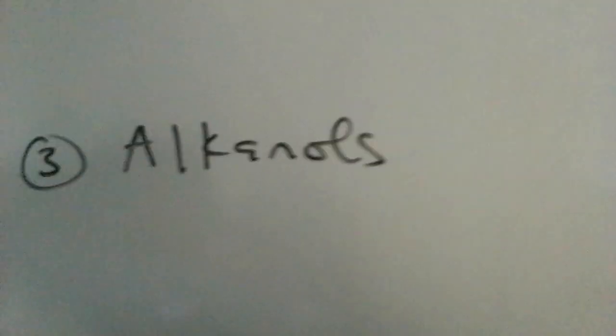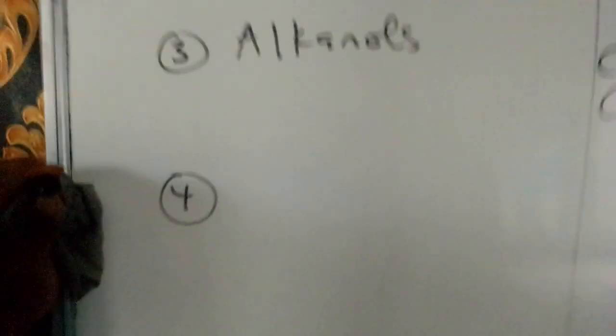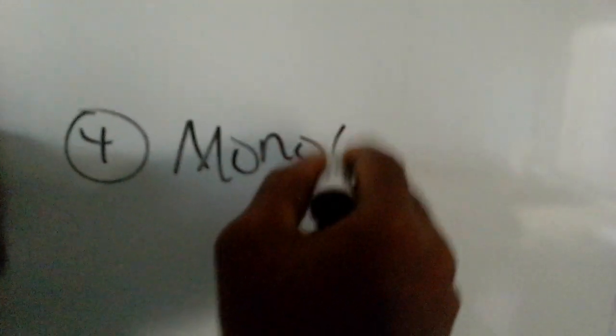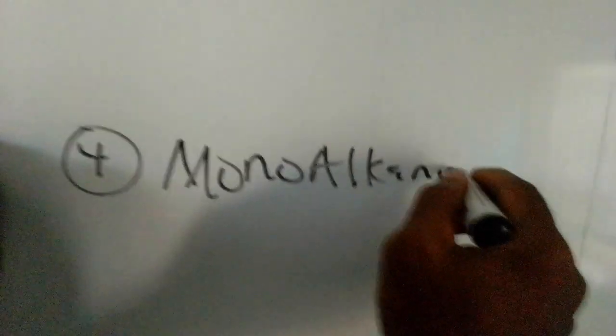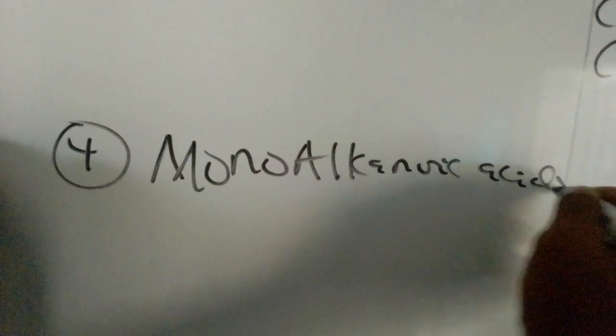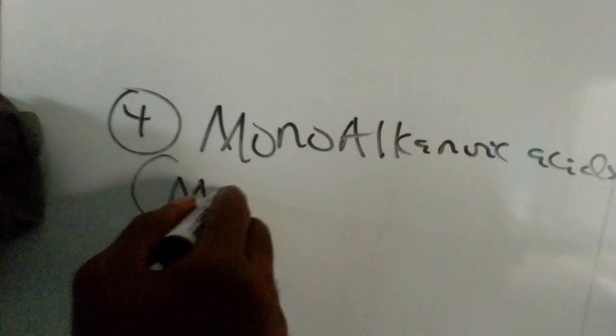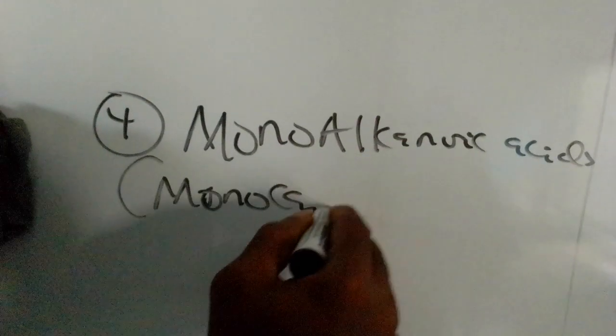Then go to number 4. Number 4 example of a homologous series is the one called monoalkanoic acids, or you can call them monocarboxylic acids.